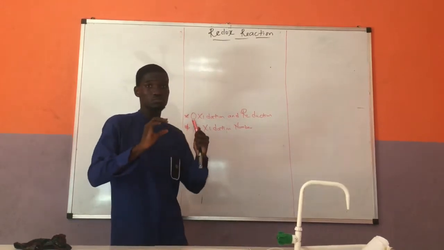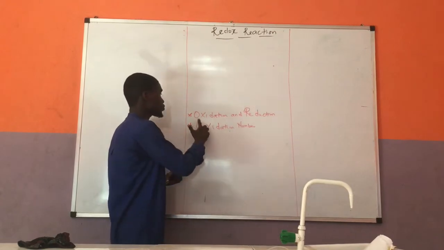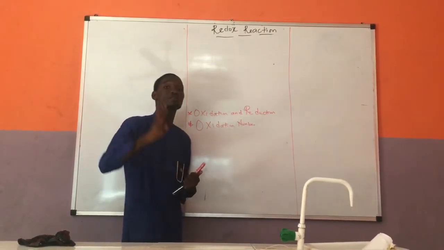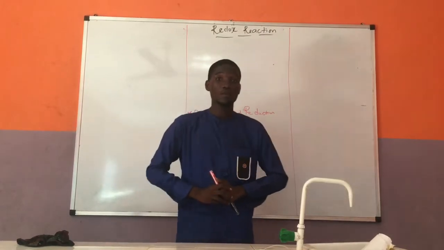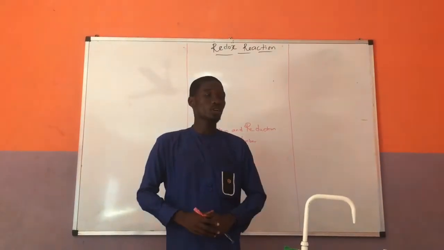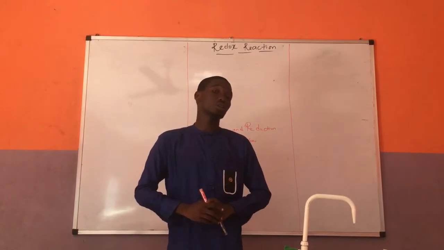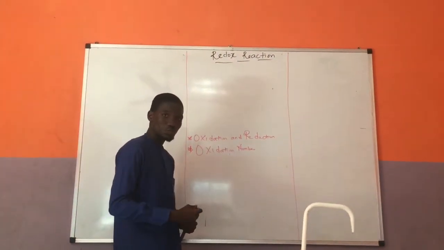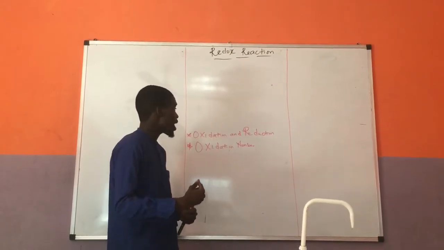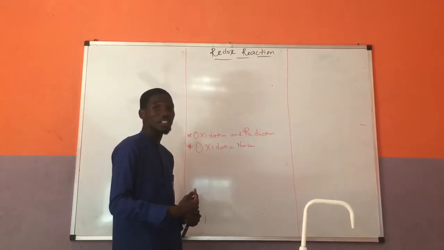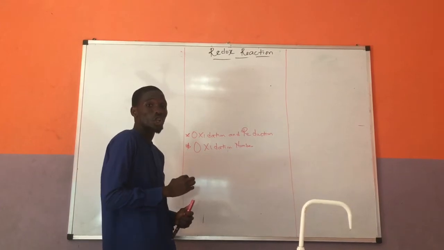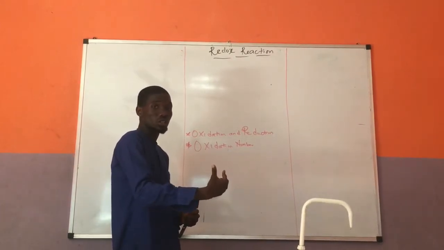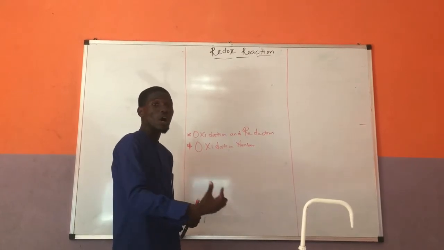So let me just make it brief for oxidation and reduction. When talking about oxidation and reduction, we have four different headings that explain the concept. The first one is addition of oxygen, while the second one is removal of hydrogen. Under the addition of oxygen, oxidation means addition of oxygen, while reduction means removal of oxygen.